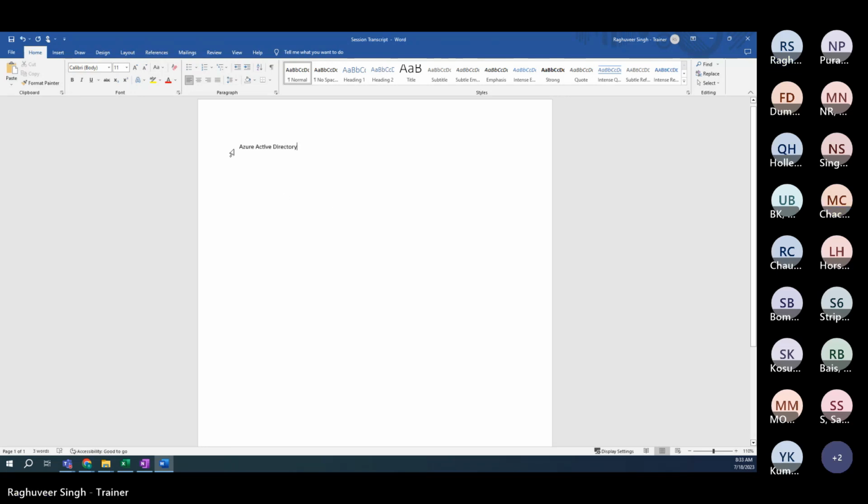Okay. So our first service is Azure Active Directory, and this service is very important when it comes to Microsoft Azure, because this is the service that admins use to provision the initial skeleton, or when it comes to minimum viable cloud, the landing zone.